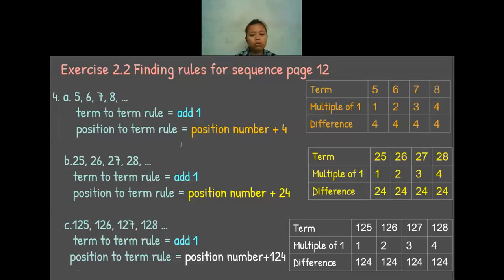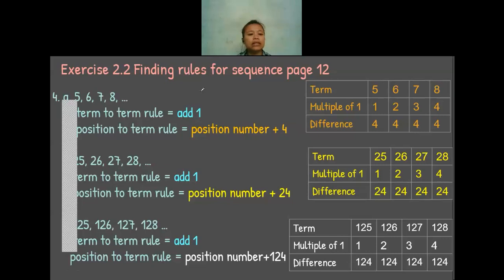Okay, let us continue with question 4. In here we have 5, 6, 7, 8 as the sequence, and the term to term rule is plus 1. So later the position number will be multiplied by 1. Yes, if you write it as 1 times position number, it's also correct. It's not wrong.